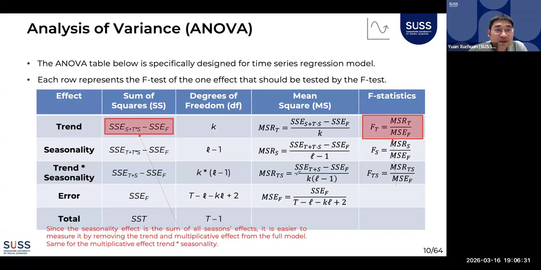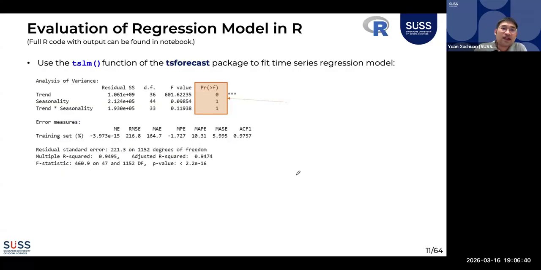This is the analysis of variance, the ANOVA table, for time series. Here you look at whether the trend impact is significant or not, whether the seasonality effect is significant or not, using the p-value, and also the joint impact of trend and seasonality.